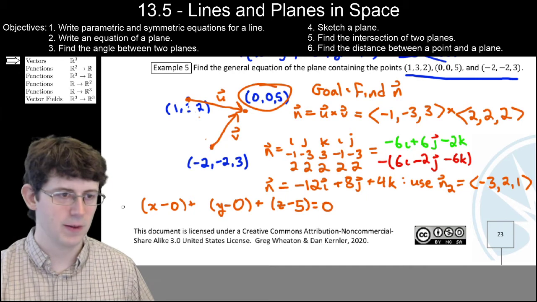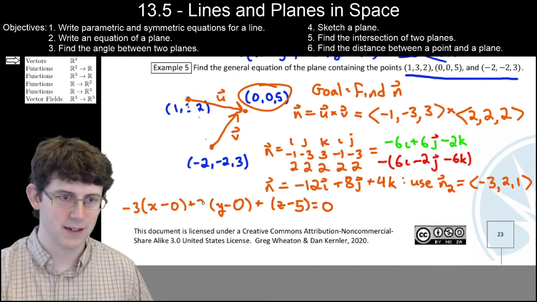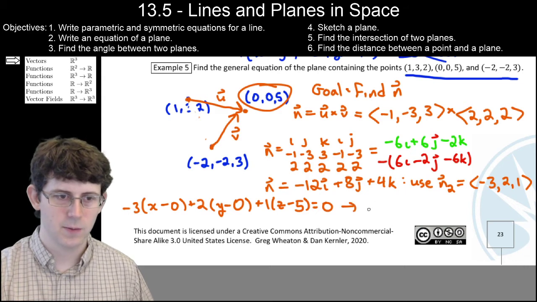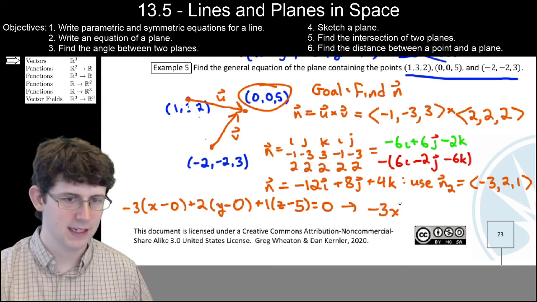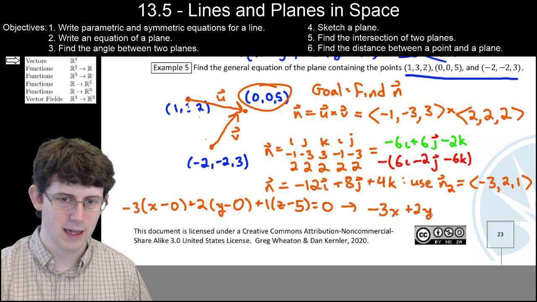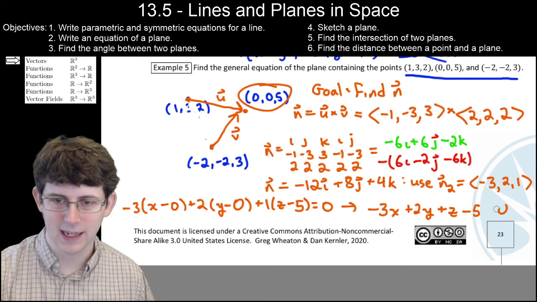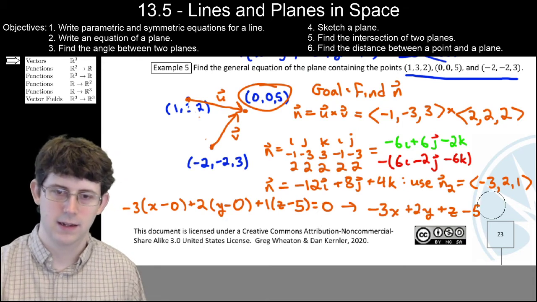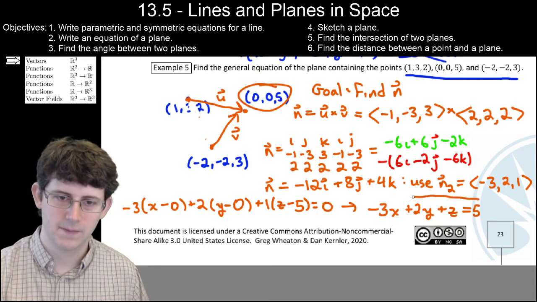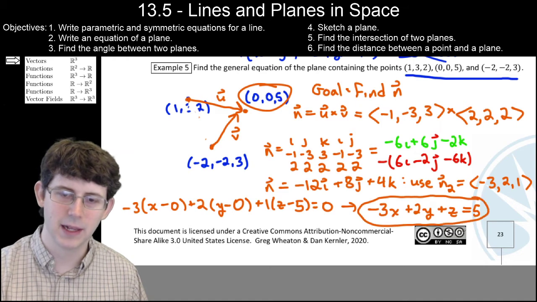And then the normal vector, I've made an easy normal vector for myself, -3, 2, 1. So my final answer, I'll have -3x plus 2y plus z minus 5 equals 0. And if I add the 5 to the other side, then it will look like this. So here's an equation for my plane.